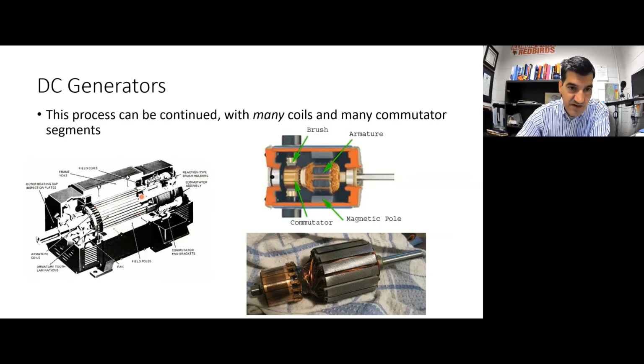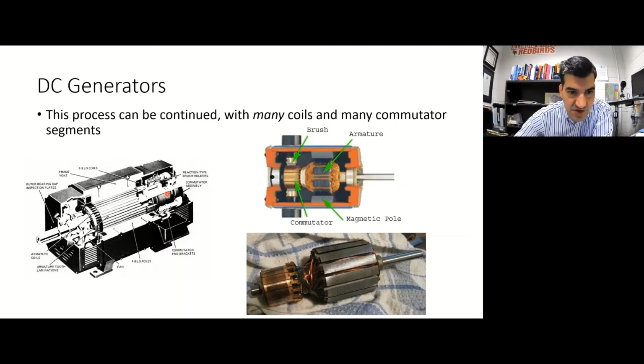That's what this is right here. And remember, for every coil of wire on the armature, you add 2 segments to the split ring commutator. And that's what this is right here. This back here is the split ring commutator with many, many segments.